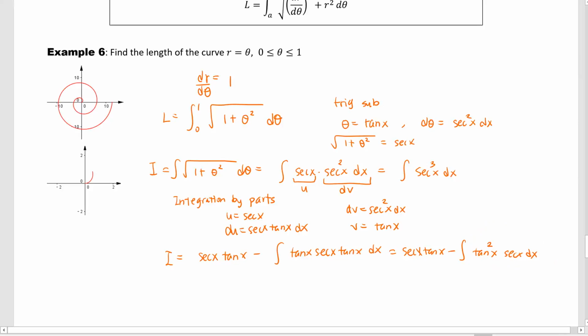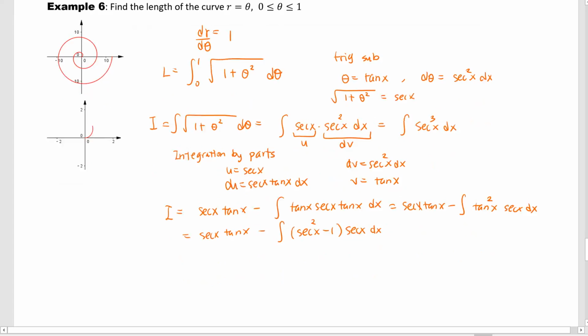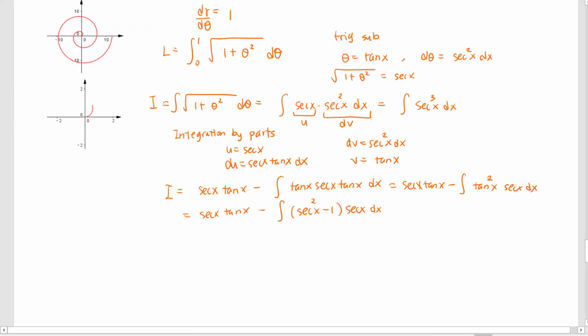Oh, it's okay. You can relate this back to the secant cubed because tangent squared is actually secant squared minus 1. So we multiply out.